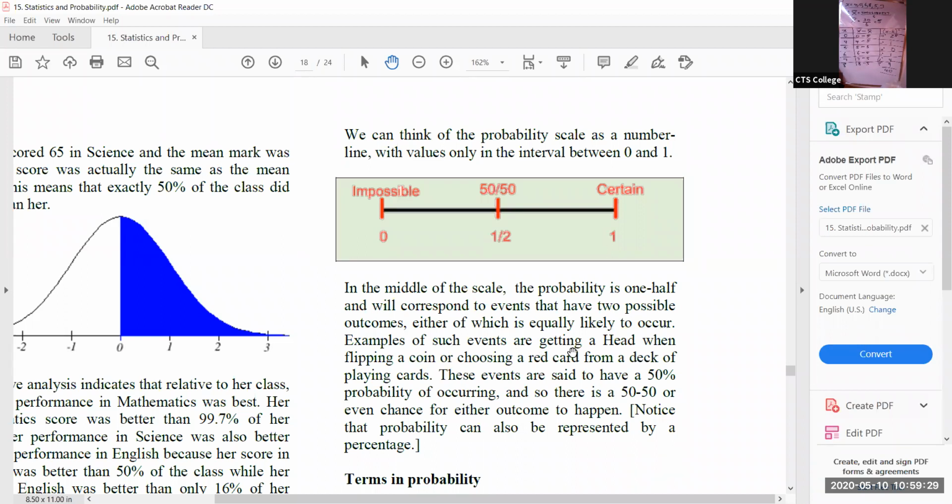Examples of such events are getting a head when flipping a coin or choosing a red card from a deck of playing cards. These events are said to have 50% probability of occurring, and so there is a 50-50 or even chance of either outcome happening. I want you all to notice that the probability can also be represented by a percentage, as you can see here. Yes?